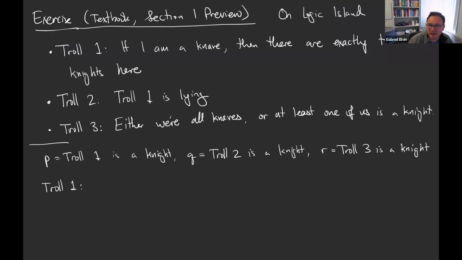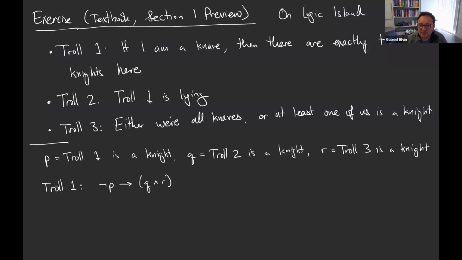When troll 1 says I am a knave, that means I'm not a knight, so that's not P. So if not P, in other words, if I am a knave, then there are exactly 2 knights here. Well, if they're not a knight, then exactly 2 knights here means the other 2 are knights. So that would mean that Q and R are both true, because exactly 2 out of the 3 just means that.